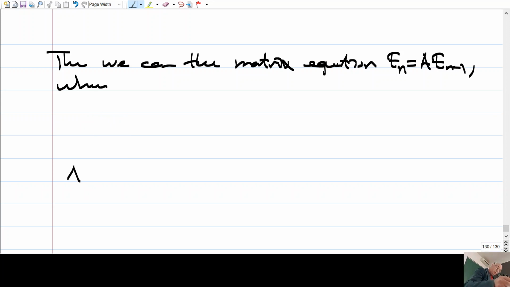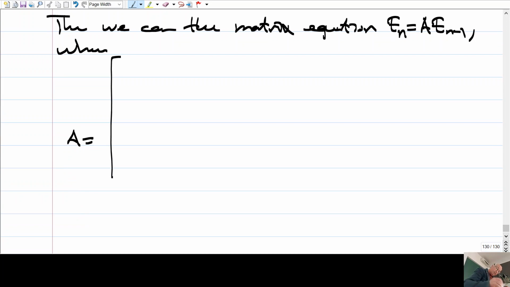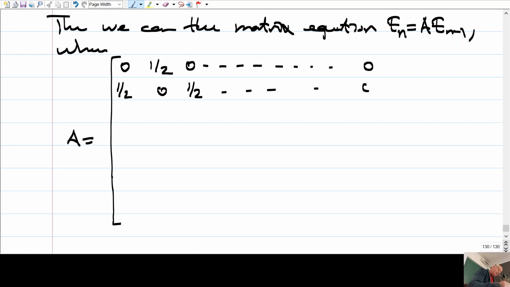It is a 12 by 12 matrix, but most of the entries are 0, so I can describe it: 0, and then I have 1/2, and then zeros, and then I have 1/2 here, 0 here, 1/2 here, and then again zeros, and the last one is 1/2, and then 0, 0.